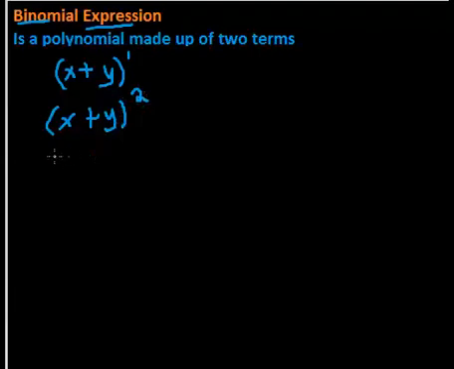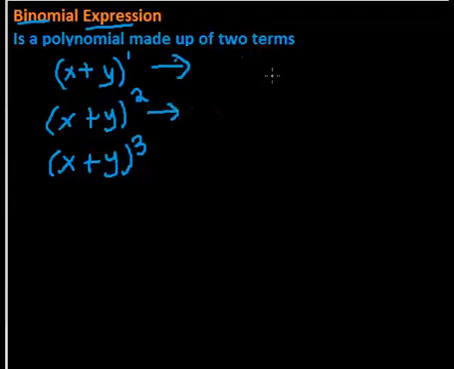We can also have x plus y raised to the power of 3. So these are different powers of a binomial. As you keep on increasing, and of course when you expand it, it will be converted into a polynomial, right?